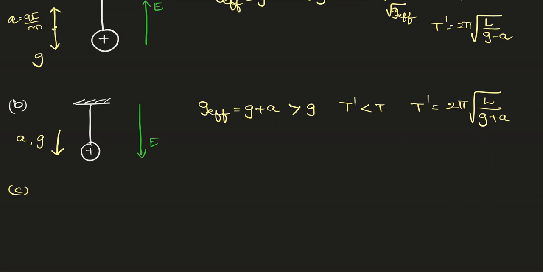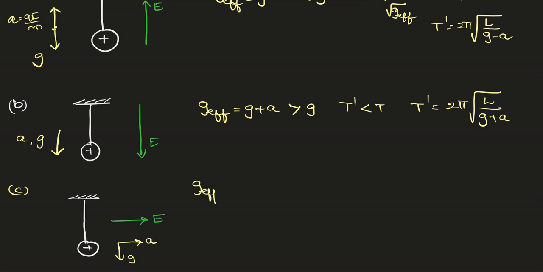If suppose we applied that field horizontally, and if that electric field is applied horizontally, in that case acceleration a and g both are mutually perpendicular to each other.